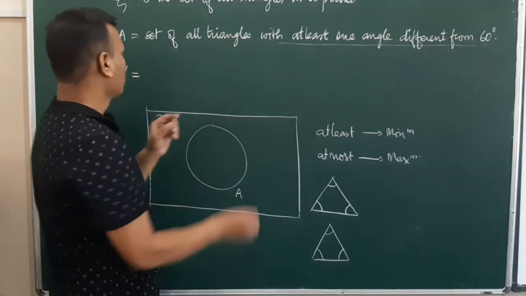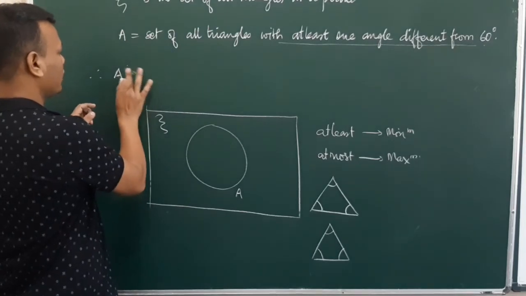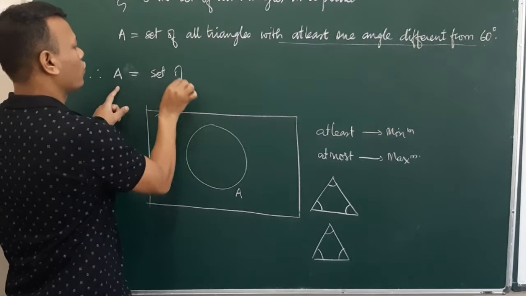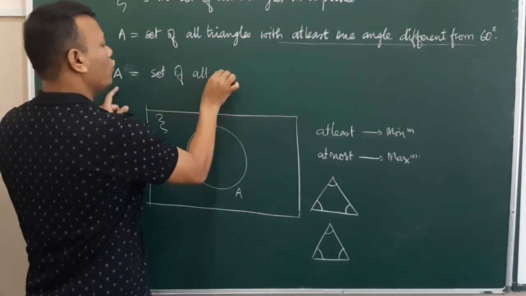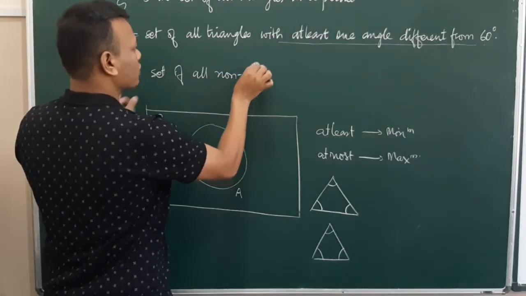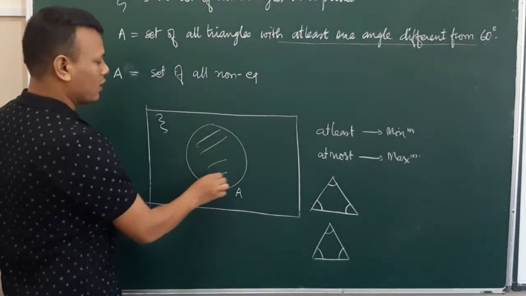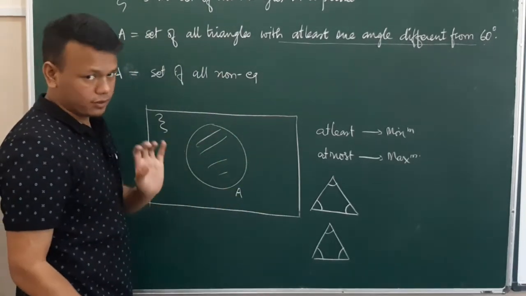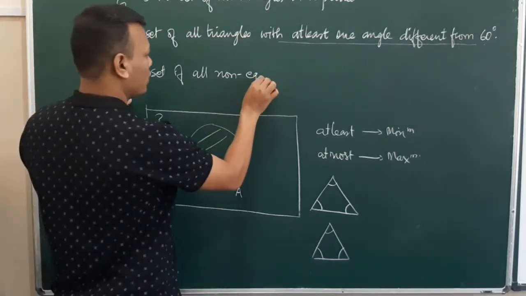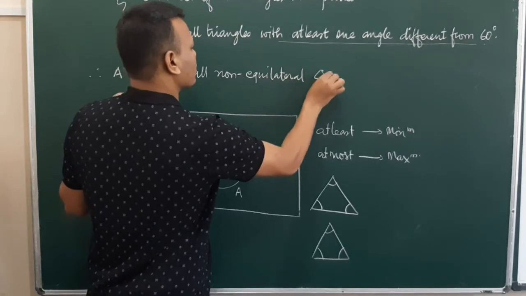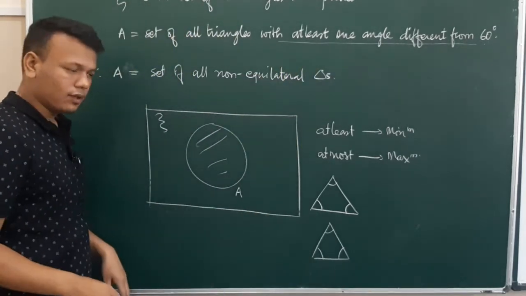So set A is the set of all non-equilateral triangles.